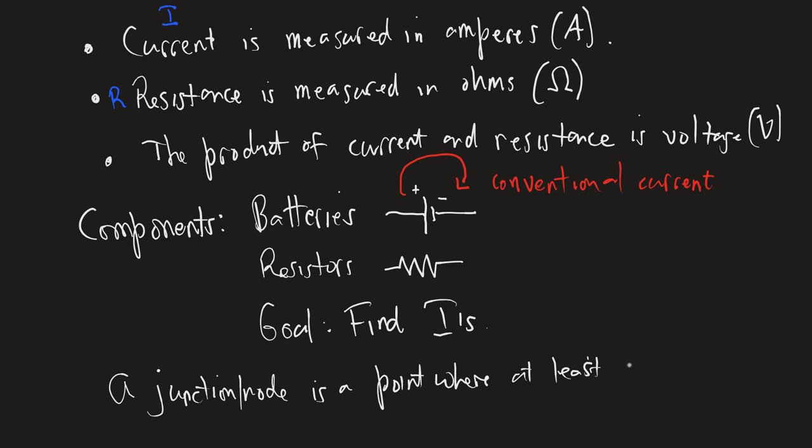These paths are similar to those connections that we saw in the general network. So where at least three of them meet, we're going to call that a junction.